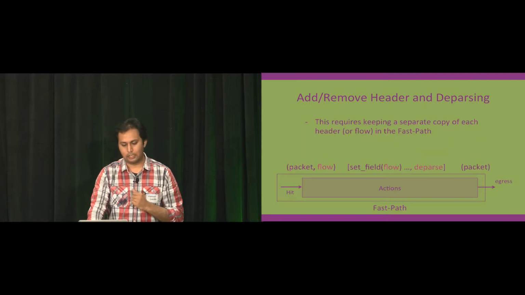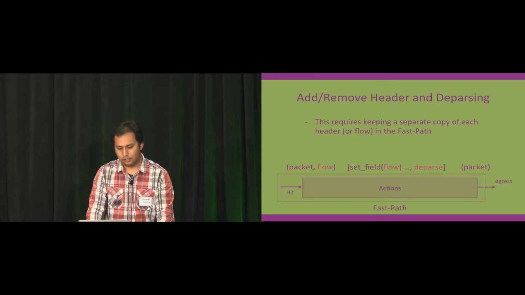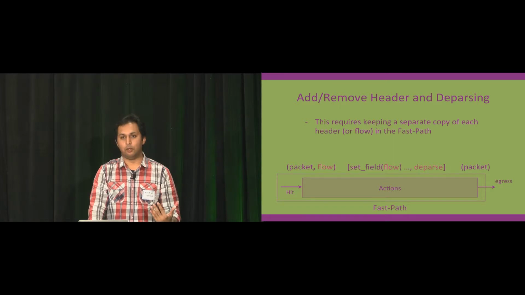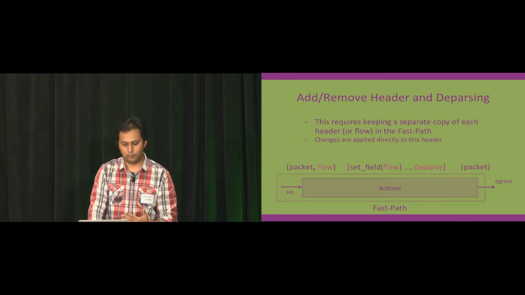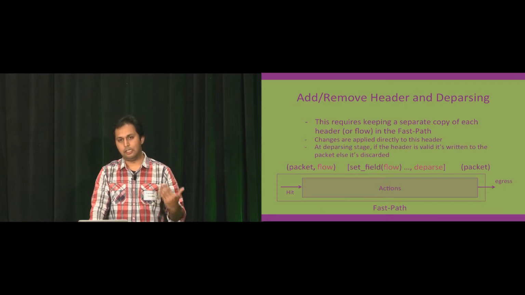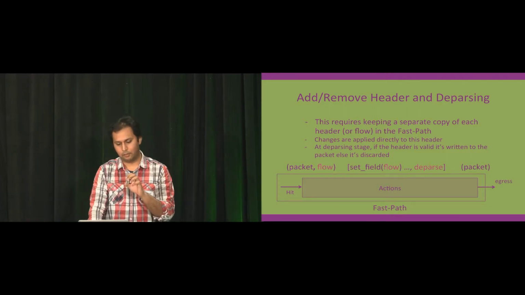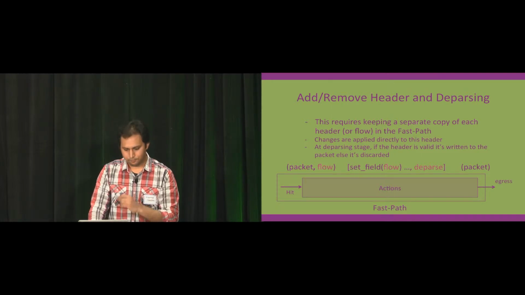So in order to support that, the way we have done it is, we actually kept a separate copy of the flow in the data path, and all the changes were actually applied on that flow, which contains the header information. And finally, when the packet reaches the deparsing stage, based on whether the header is valid or not, the changes are actually read from the header and pushed onto the packet in the deparsing stage.